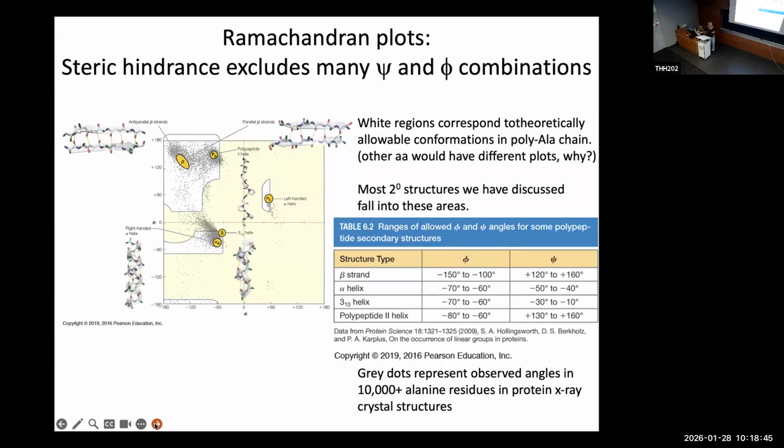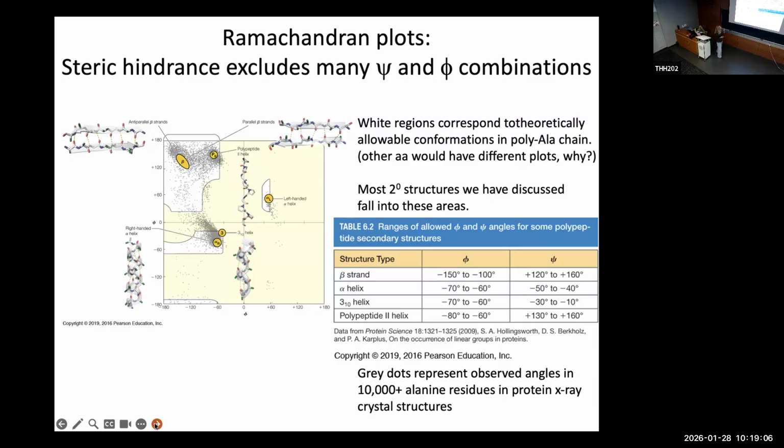What he found was that only in the white regions are the rotations actually allowed, because at all the other angles there were steric problems. There was really a small subset of allowable angles when you did a model in this way.